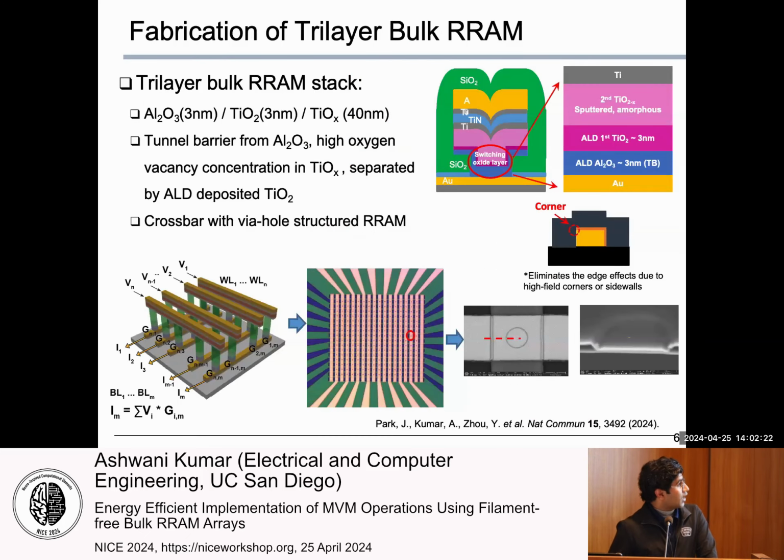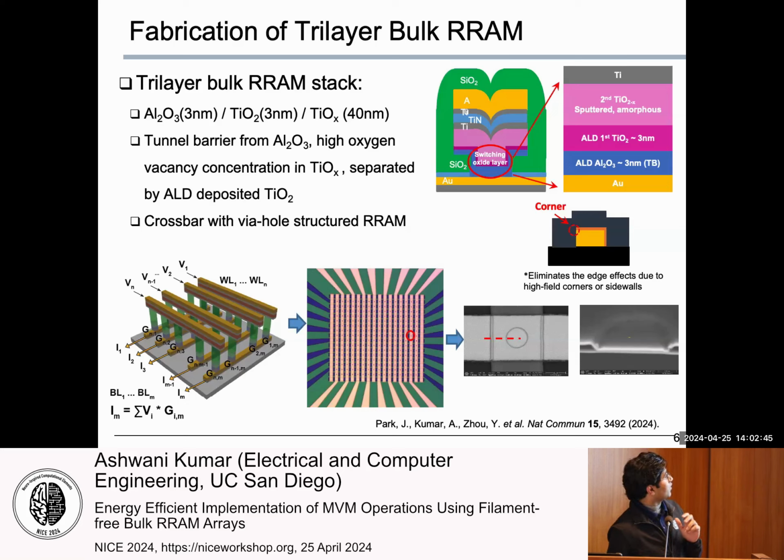So this is our tri-layer bulk RRAM stack, where we have Al2O3, oxygen-rich TiO2, and a 40 nanometer oxygen-deficient TiOx layer. The TiOx layer is the main switching layer in this tri-layer stack.